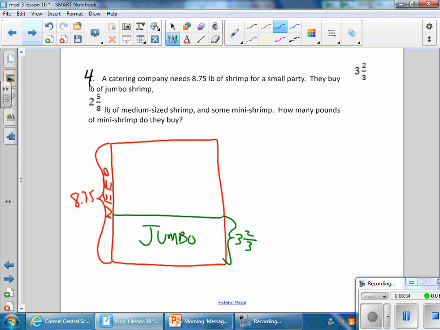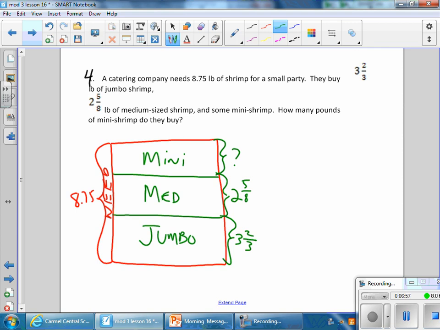They already have 2 5/8 medium. We are looking for how many mini? We don't know. That's my unknown.